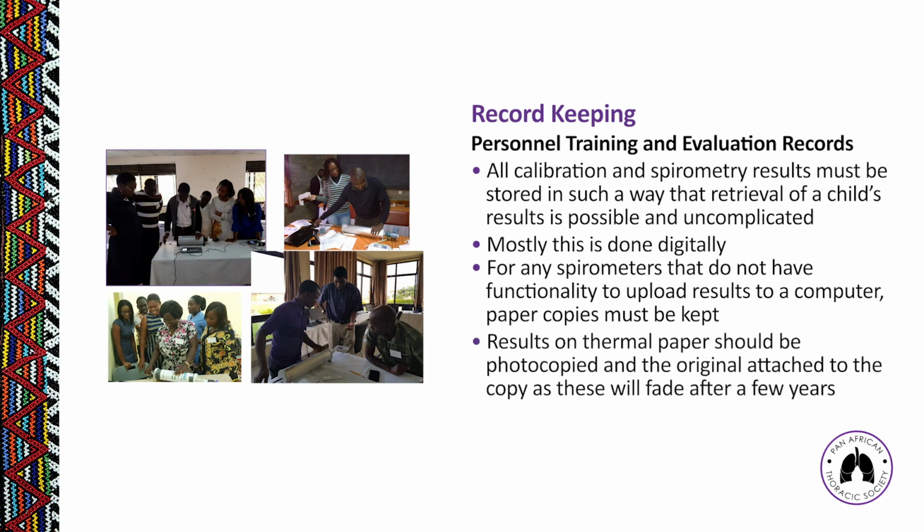If the result is on thermal paper, we know that the results on thermal paper fade over time. So at the time of the test, you would need to photocopy the result on the thermal paper and then save the original with the photocopy so that that test report can be looked at any date in the future and you're not relying on a thermal copy which will have faded over a few years.